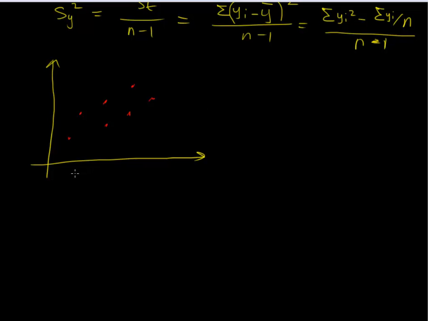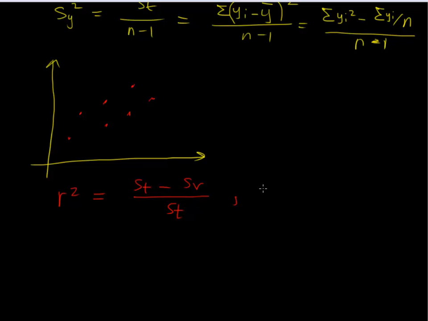You've heard of the R value. The R squared value is equal to ST, which is the total sum of squares, minus SR, which is the total sum of squares of the residuals, over ST.